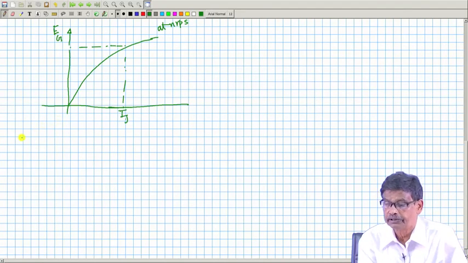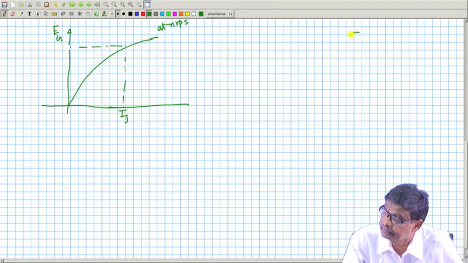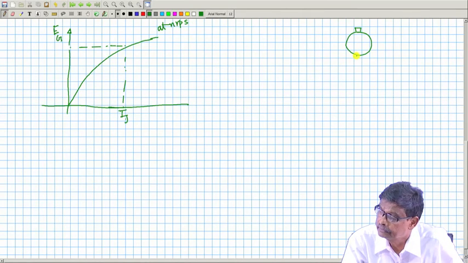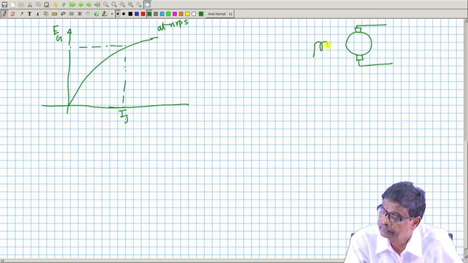So, this is about this, and what is the connection diagram? Keep it in your mind that this is the diagram which is relevant now.